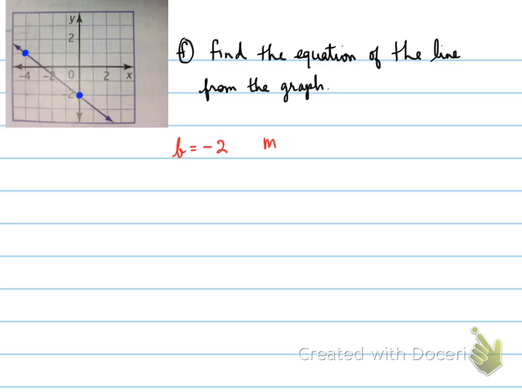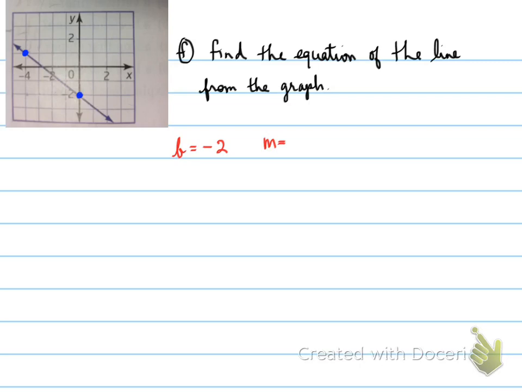b equals -2. The next piece that we need is the slope. The slope on a graph, we would use rise over run, or we can use the 2 points that we have here. It's up to you how you want to approach this. Let's look at the 2 ways that we could find the slope. First way, find the slope by taking the coordinates.